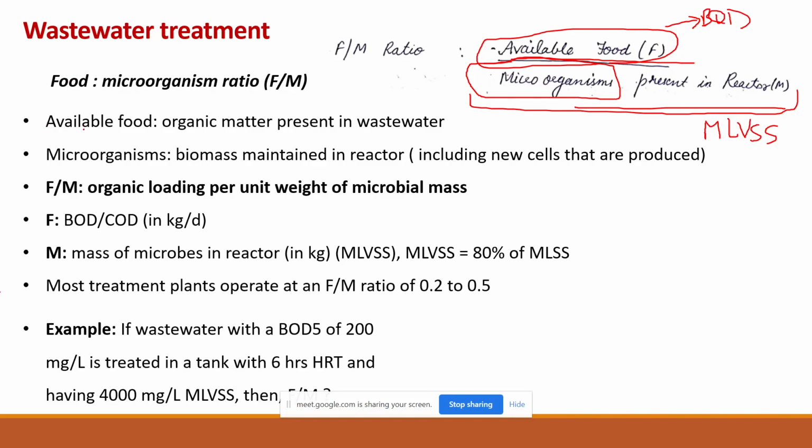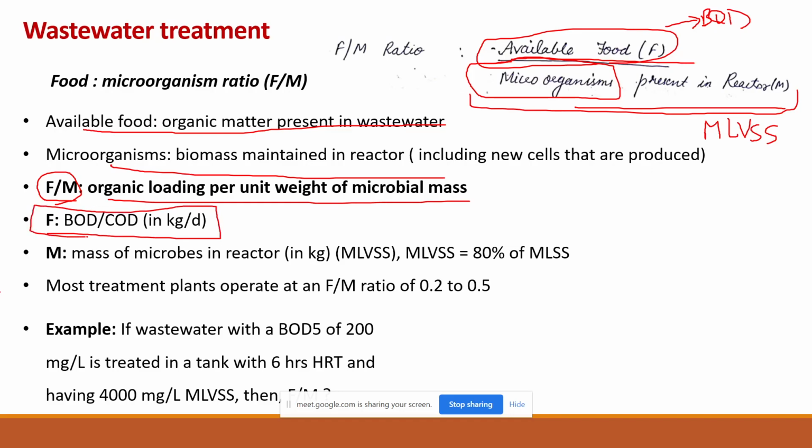So available food is the organic matter which is present. Microorganisms are the biomass which are there in the reactor. So basically F by M means organic loading per unit weight of microbial mass. This can also be written as food is BOD or COD in kg per day. As I told you, food will be BOD in kg per day.